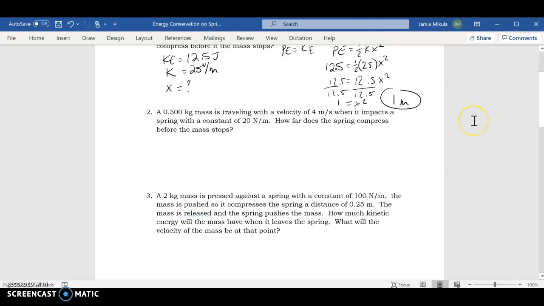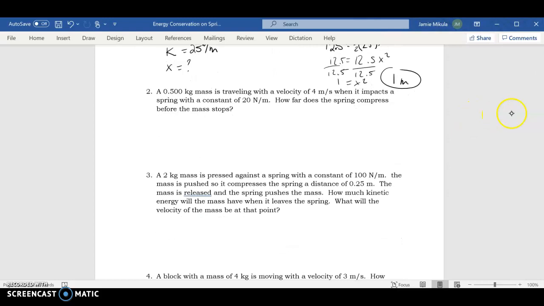Number 2, a 0.5 kilogram mass is traveling with a velocity of 4 meters per second. So here we have the mass is 0.5 with the velocity of 4. We have the spring constant is 20. How far does it compress? Again, we can say that everything is equal to each other.